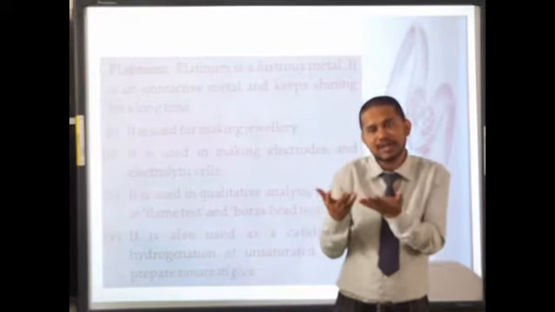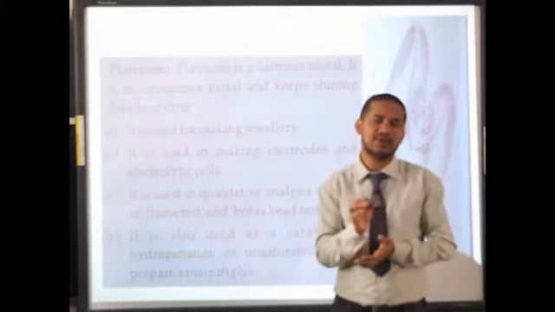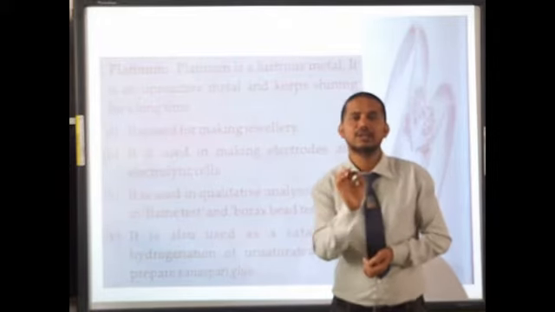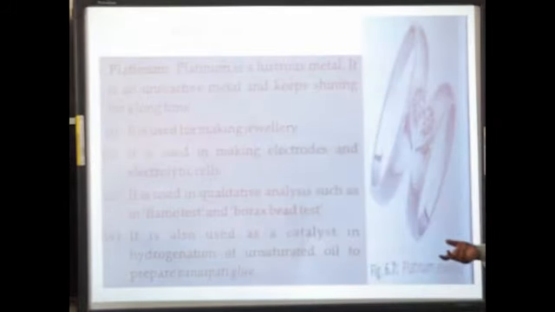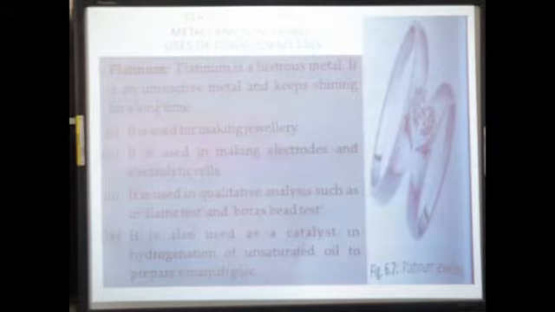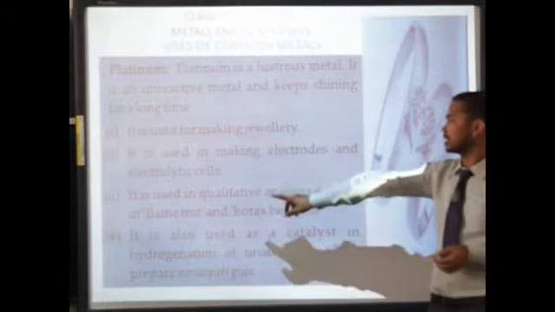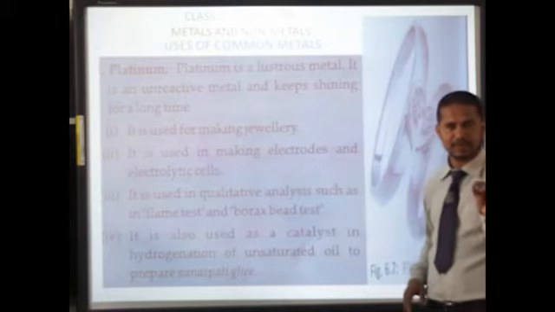And if you get a golden yellow color, then you can be sure that it is sodium. In this way, we can find out which radical is present in the unknown salt by using the flame test, and the borax bead test is also similar.